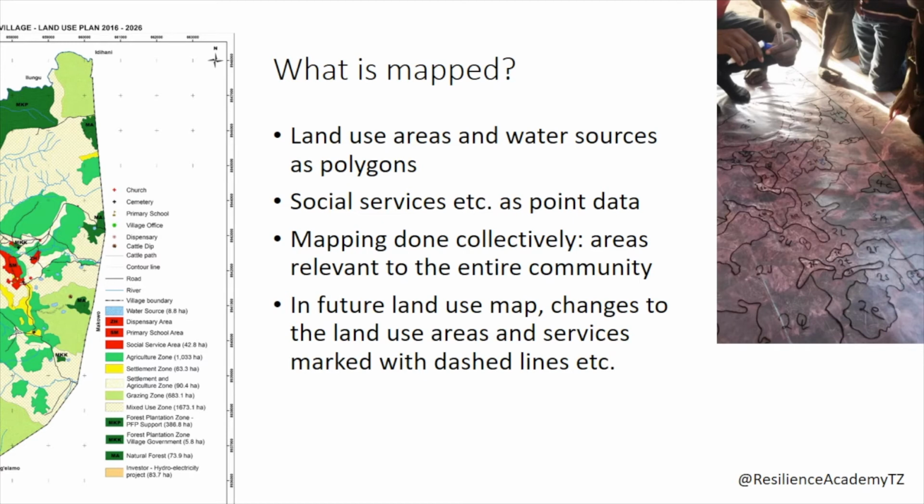In the right side, you see what the sketch maps looks like after the community has made it before it is digitized. What's important to remember is that the mapping is done collectively, and so the areas shown in the maps are relevant to the entire community collectively. In the future land use map, changes to the land use areas and services are marked with dashed lines in the sketch maps.